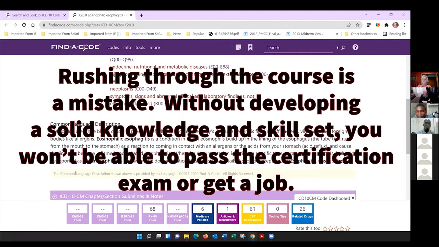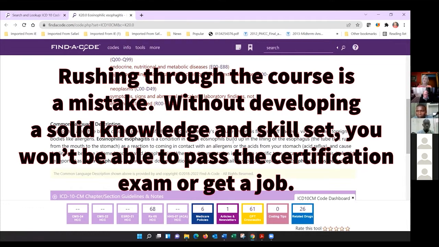We are not rushing through this course on a timeline. We are getting through this course to learn. And if we don't know what our diagnoses and procedures mean, we're not learning. So please take the time to read the definition. It doesn't take that long, and it pays off tremendously.